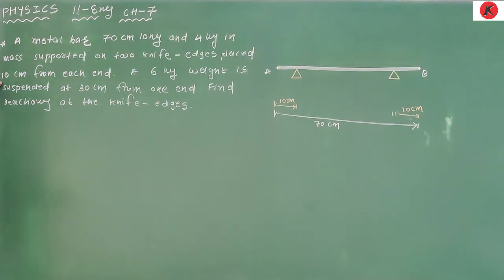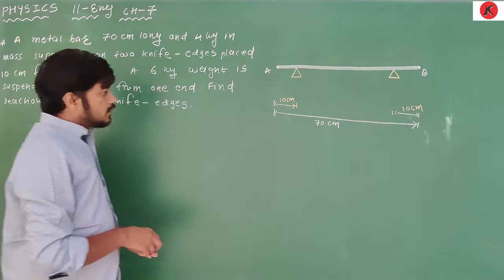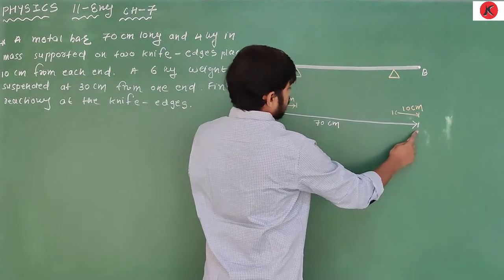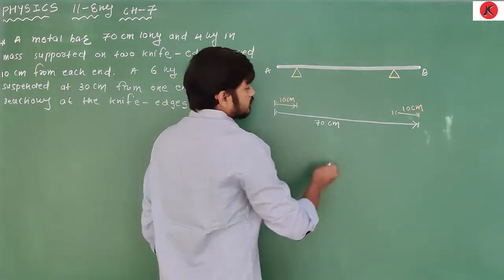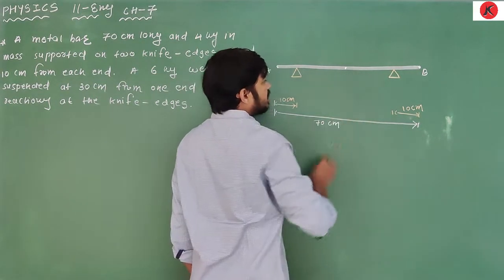A 6 kg weight is suspended at 30 cm from one end. So I am assuming from A. Total length is 70, so its half, the geometrical center, will be at this point, 35.